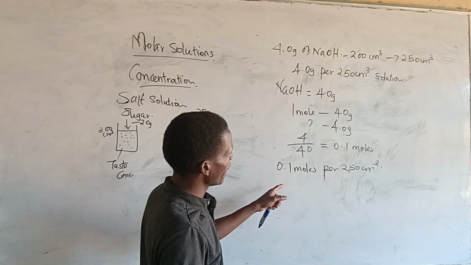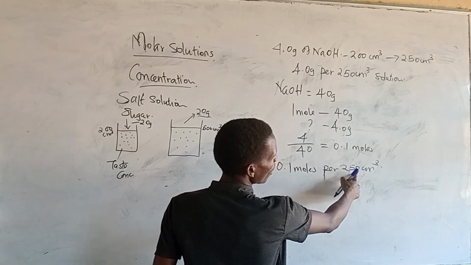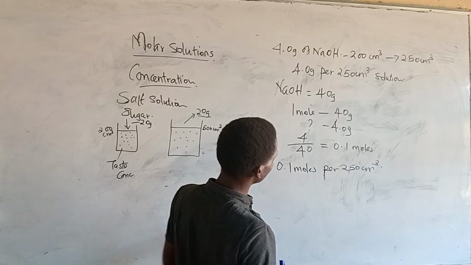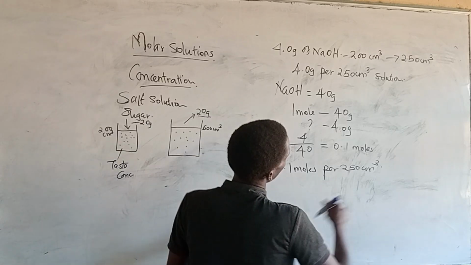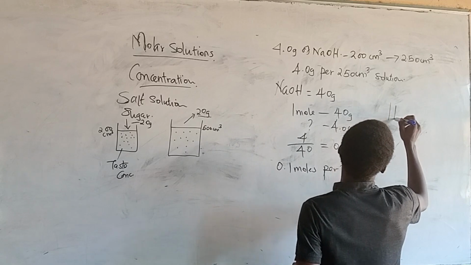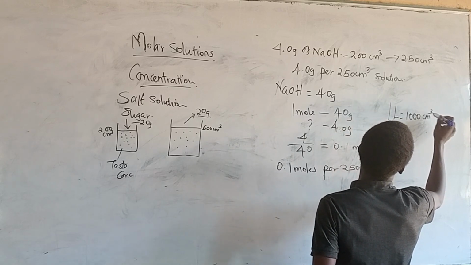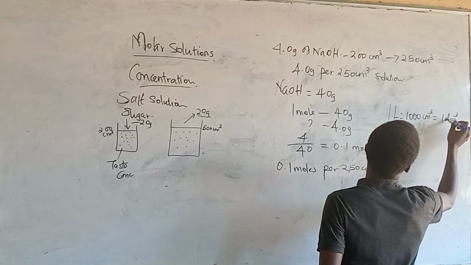Molarity in any case is per 1,000 centimeter cubed, which is equivalent to 1 liter. We normally say that 1 liter is equal to 1,000 centimeter cubed, which is equal to 1 decimeter cubed.